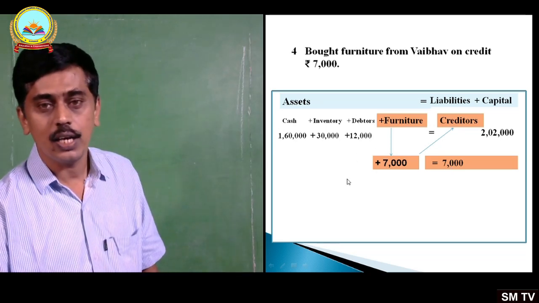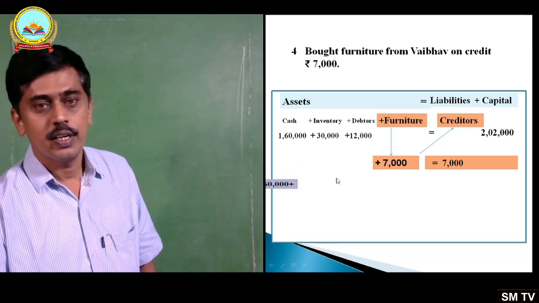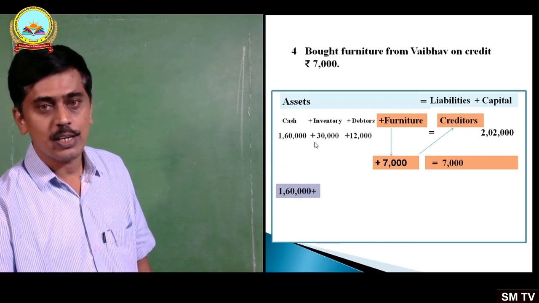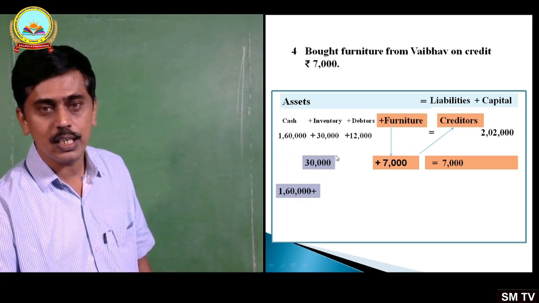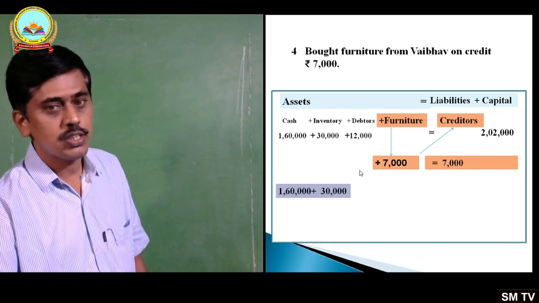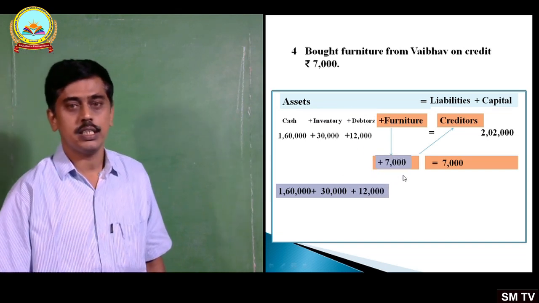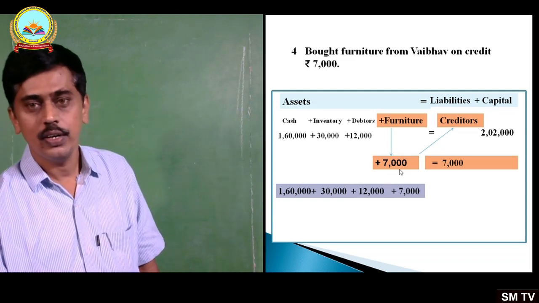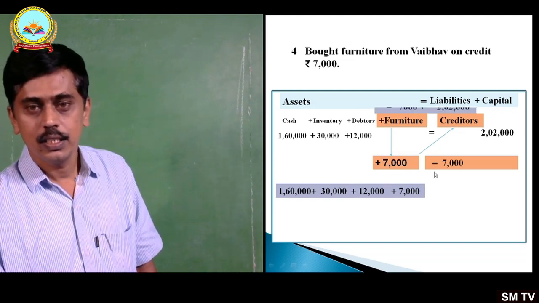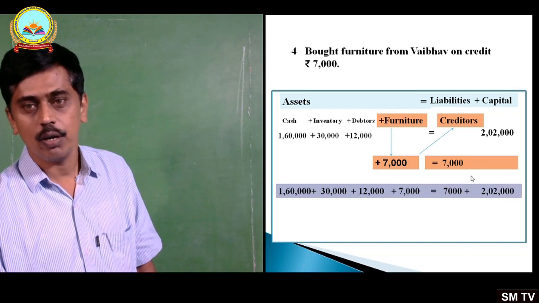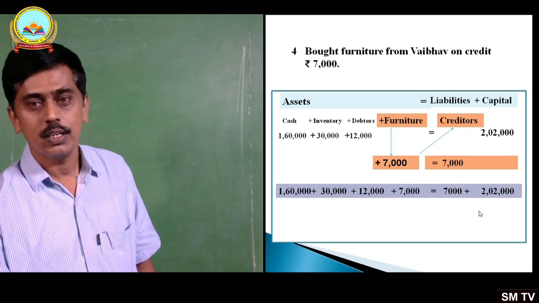Now analyze the effect. No change in cash, 1,60,000. No change in inventory, 30,000. Debtors, no change, 12,000. Furniture, new asset, 7,000. Creditors on the liability side, 7,000. Capital, 2,02,000.